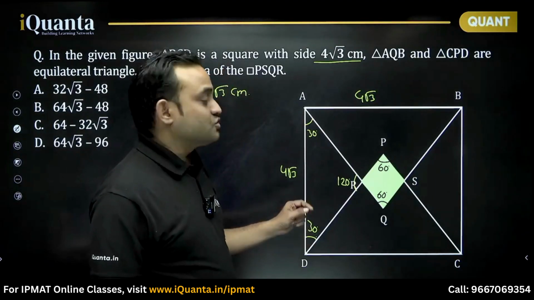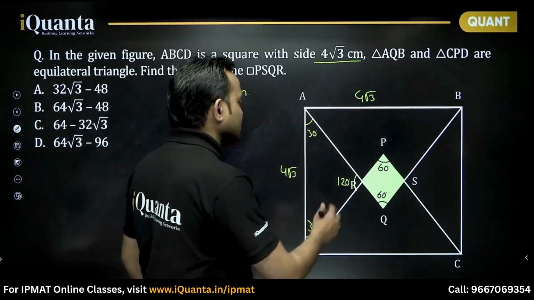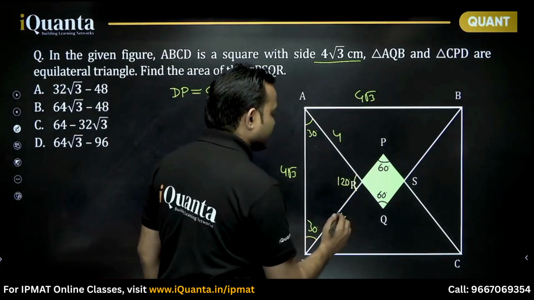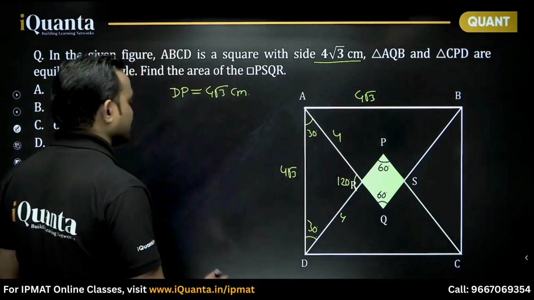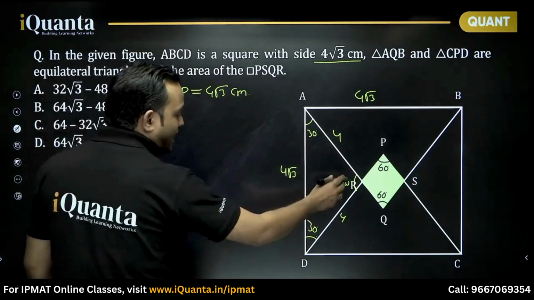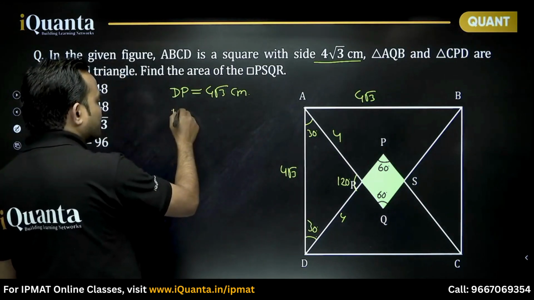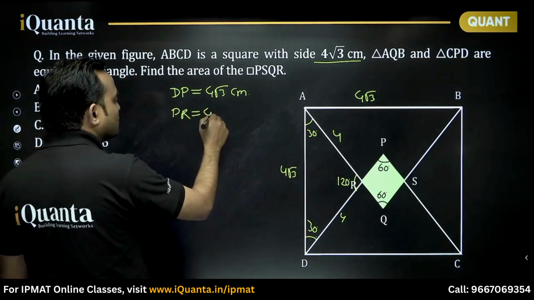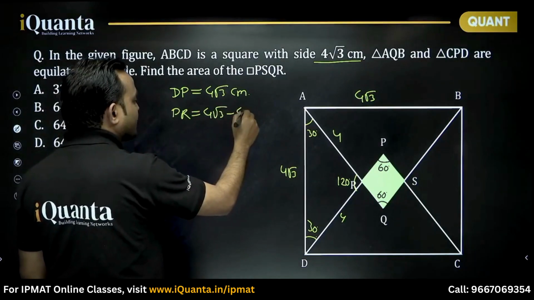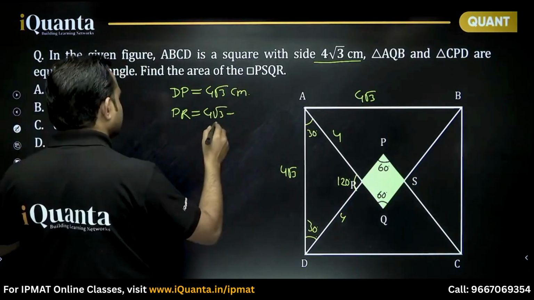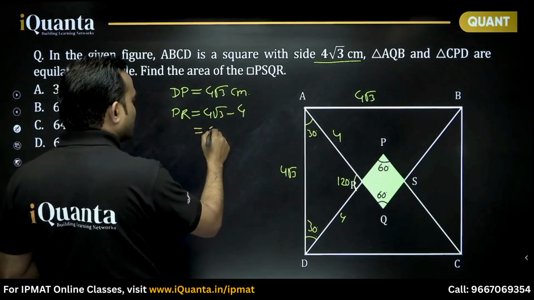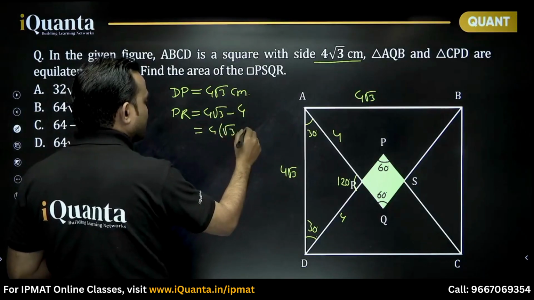The side ratio is 1 is to root 3. So this side length will be 4. Now already we know that PD is equal to 4 root 3. Can we say RD is equal to 4? So PR will be equal to 4 root 3 minus 4, right? Which we can write as 4 into root 3 minus 1.